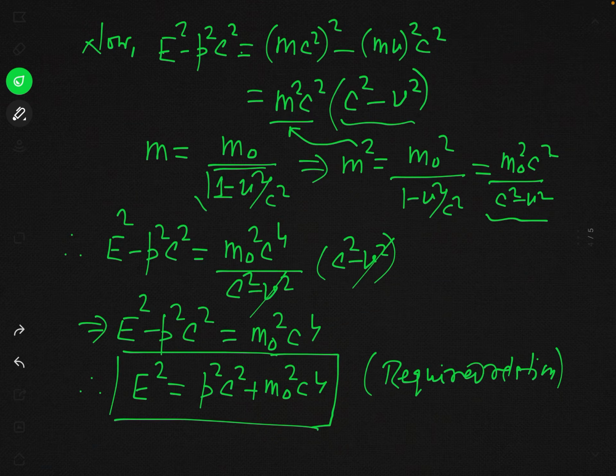So remember this formula at every time. So now let us see something regarding this particular relation. First of all, you can see from this relation that this E actually depends on this P, because in RHS there is only one variable, that is momentum, because you know C is a universal constant, m naught is a constant for a given particle.